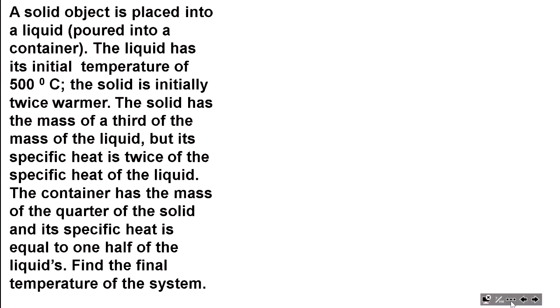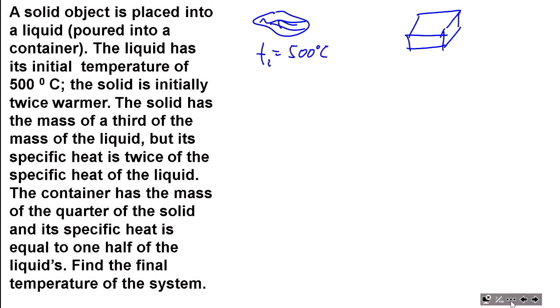So again, we start from a picture, because I have to read everything to relate these temperatures, et cetera. So this is a piece of liquid and a piece of solid, and the liquid has initial temperature of 500 degrees Celsius, and the solid object twice of that.